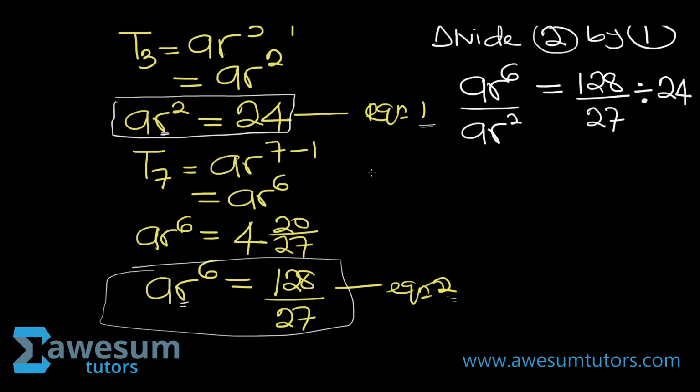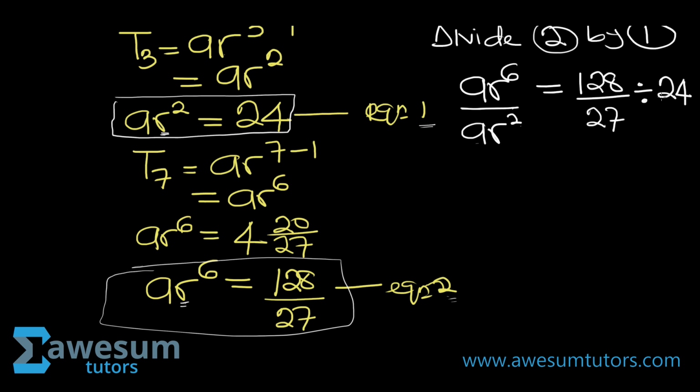Take note, equation 2 is AR raised to the power of 6 equals 128 over 27. Remember, we are dividing equation 2 by equation 1, so divided by AR raised to the power of 2. Also, this one, 128 over 27 divided by 24. I hope you get that.